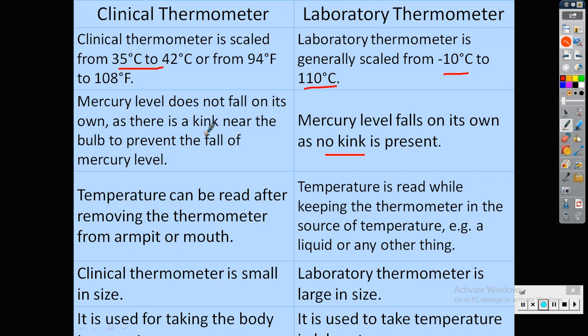The kink is present to prevent the fall of mercury below the kink. This clinical thermometer is small in size and measures body temperature, and the laboratory thermometer is large in size and is used to measure laboratory equipment, laboratory liquids or any other substance.